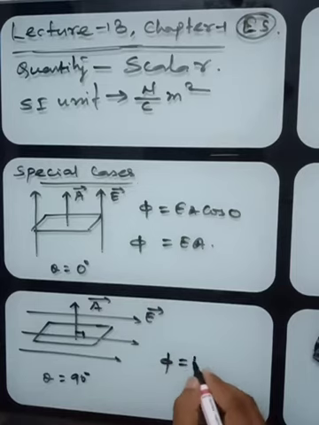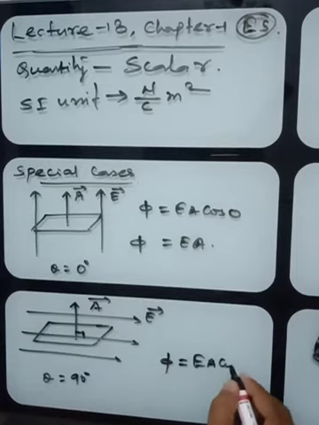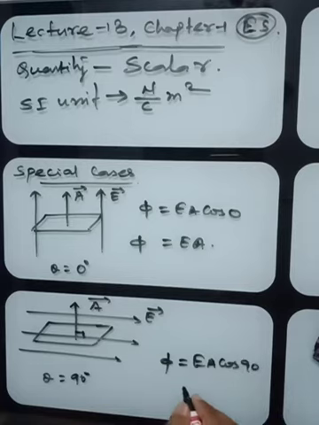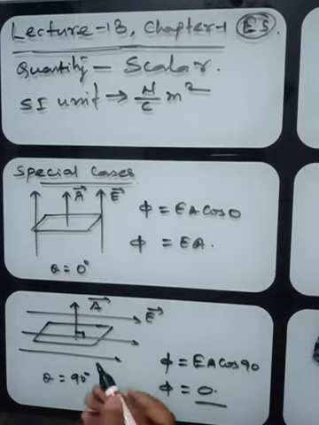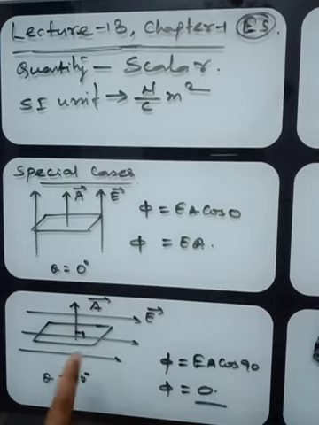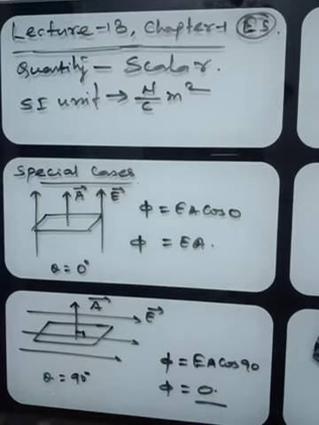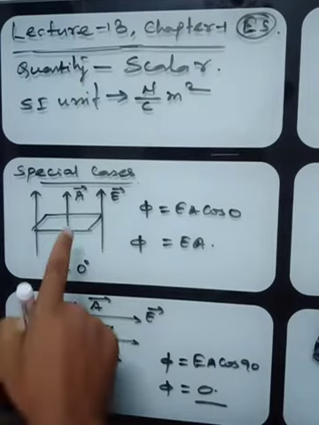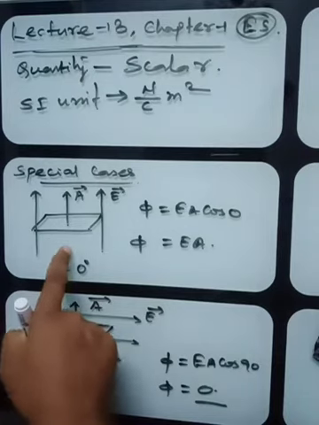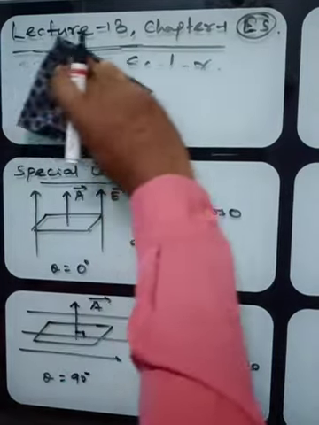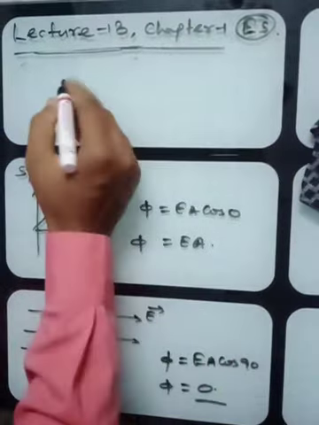Here the flux will be E A cosine 90, and cosine 90 is 0. So the flux will be how much? 0. We are neglecting the thickness of this plate, so here the counting of field lines will be 0. This plate is not capable of stopping electric field lines. Then what will happen if we study this area vector from downward? From downward, this will be in this way.